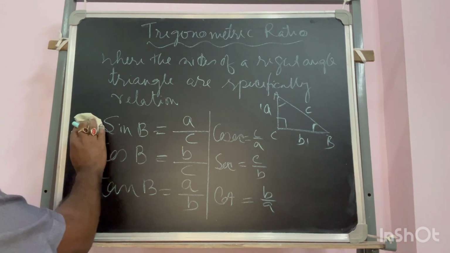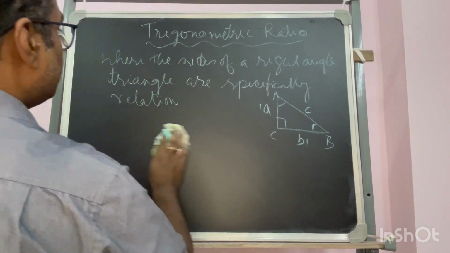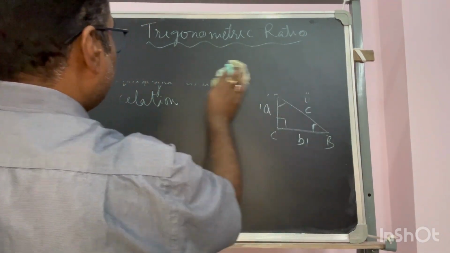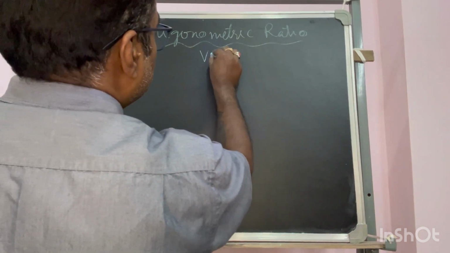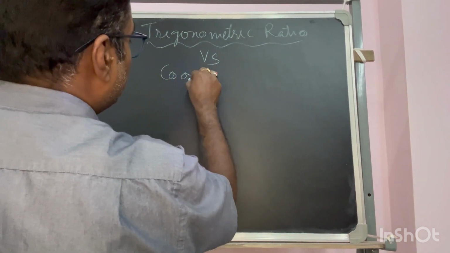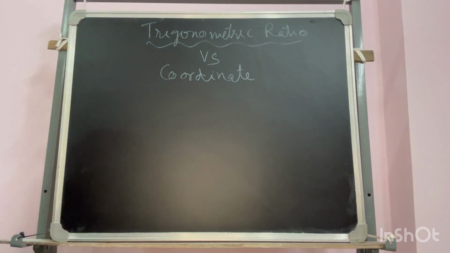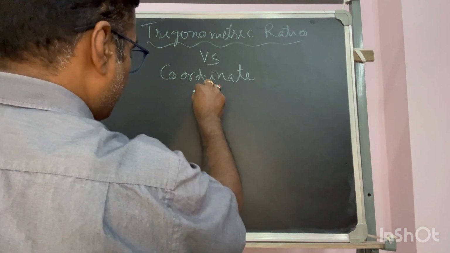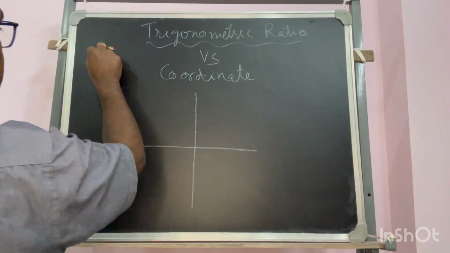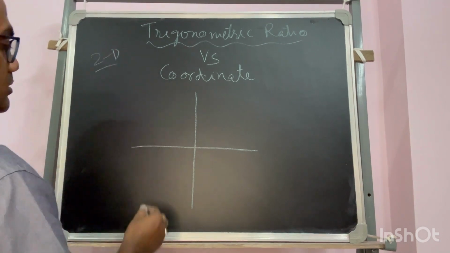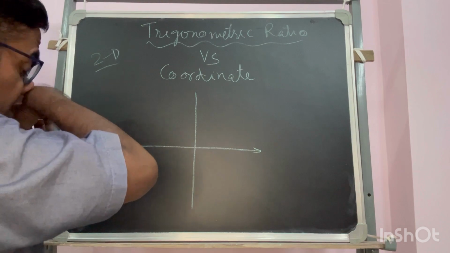Now we'll correlate these relations according to the coordinate system. So the trigonometric ratios versus coordinates. We know our coordinate system in a 2D plane is made up of two mutually perpendicular lines.